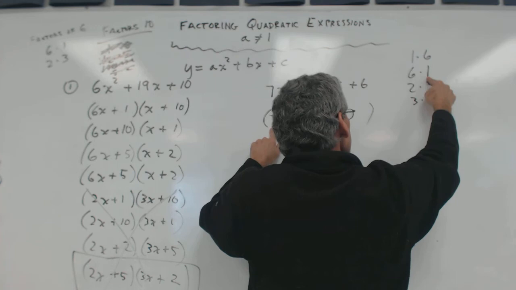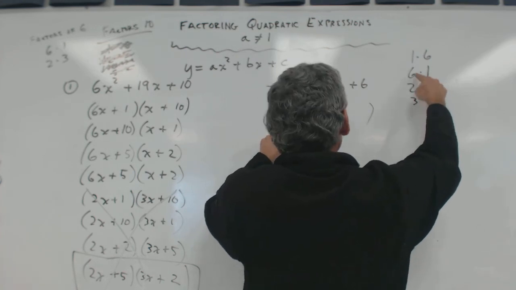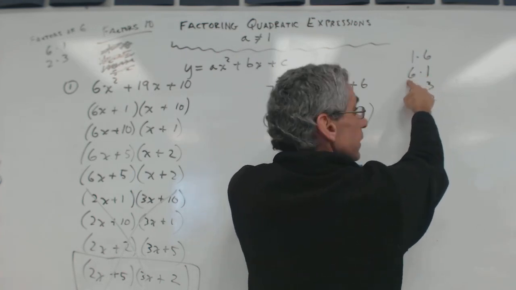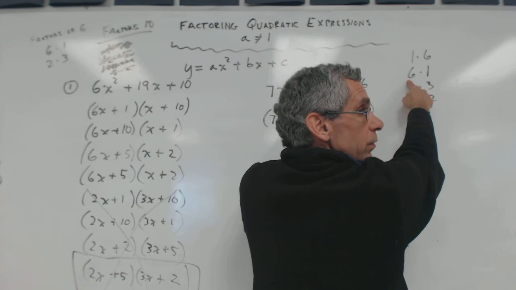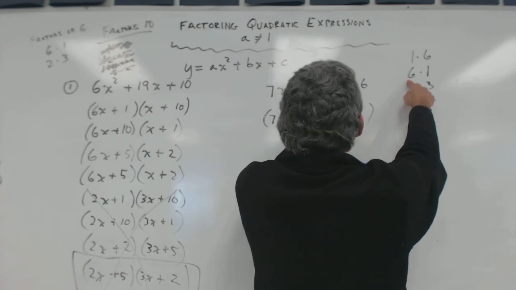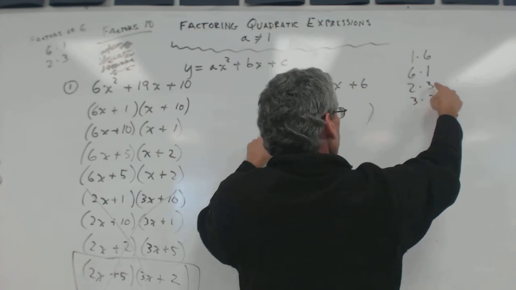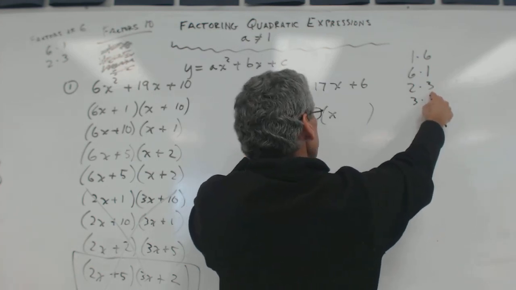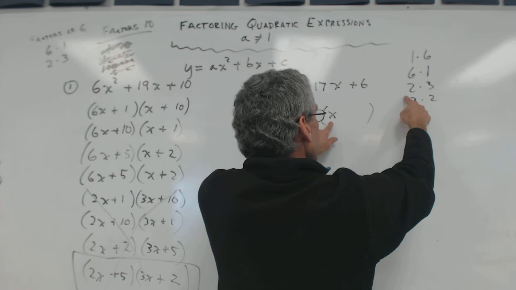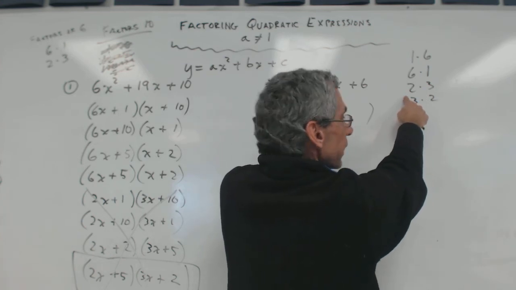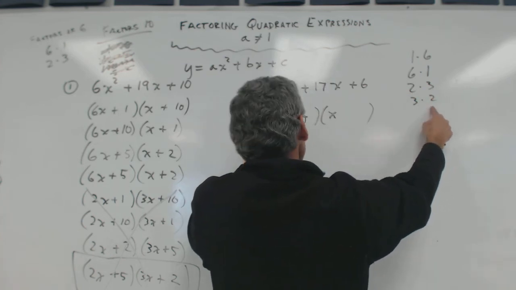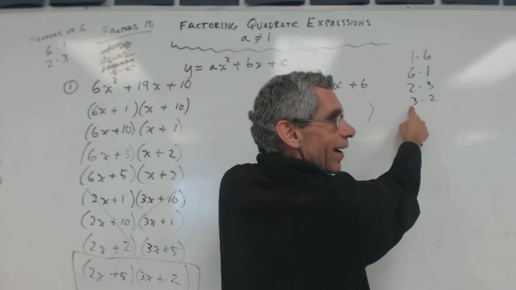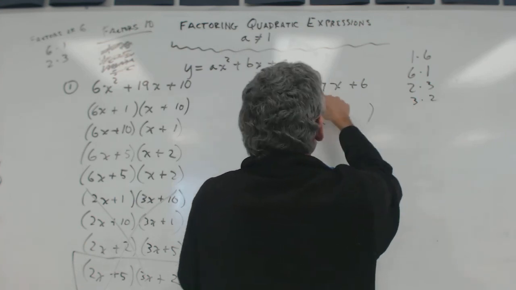So 7x plus 6x. So that's, what is that, 13x? It's gotta be 17, okay. So, outside, right? 21x plus 2x is 23x, right? 14x plus 3x is 17x.